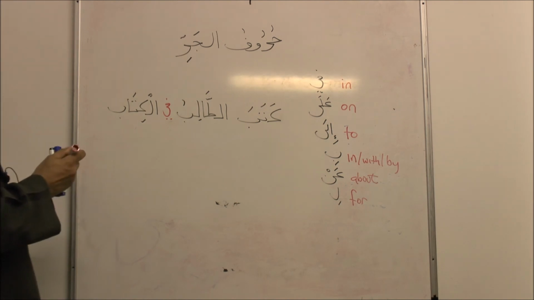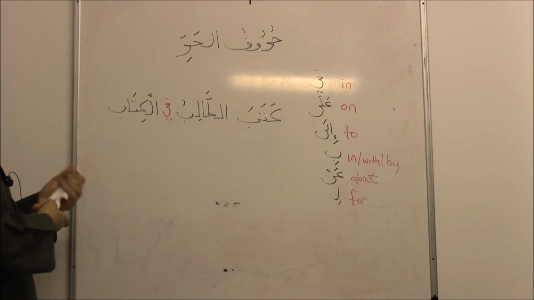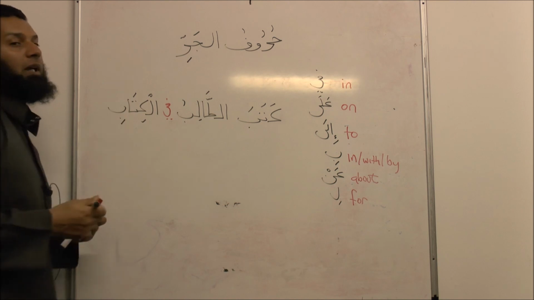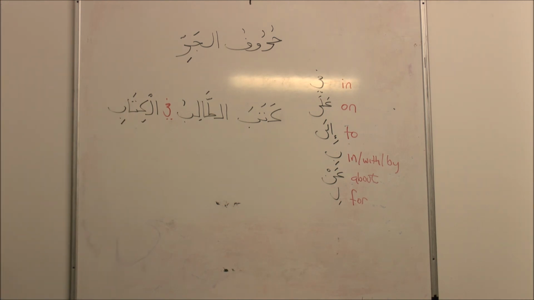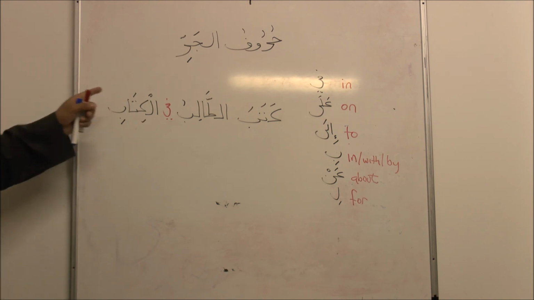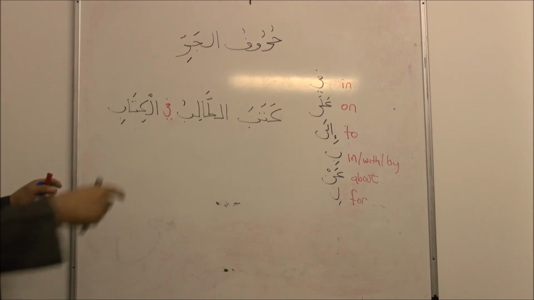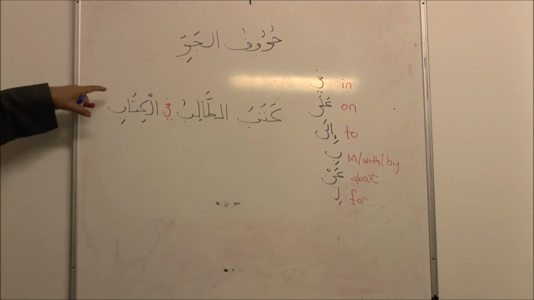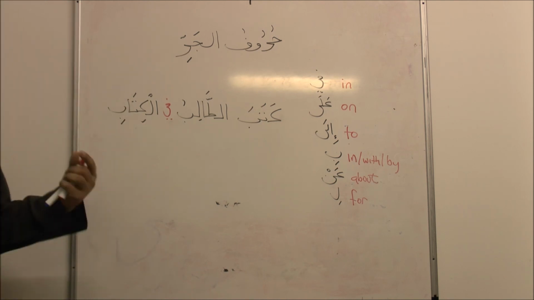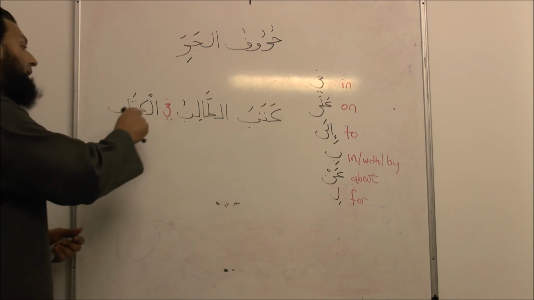Good. So it becomes fil kitabi. The point is that al-kitabi changes from al-kitaba to al-kitabi. So our object al-kitaba has changed to al-kitabi because of fi.